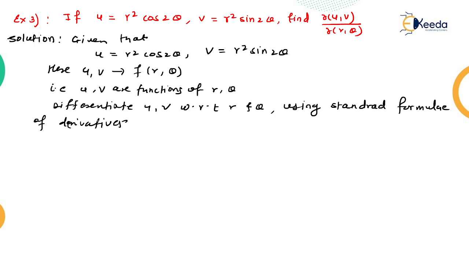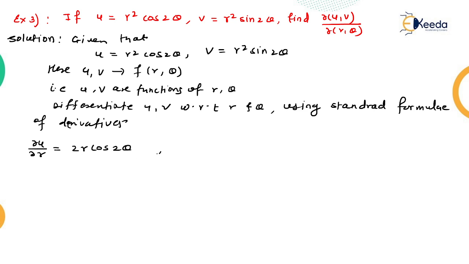So using the standard formulas of derivatives, let's see. You have to differentiate u with respect to r and theta. So I am writing this as ∂u/∂r first. u is r square cos 2 theta, keeping theta as a constant. The derivative of r square is 2r, so it is 2r cos 2 theta.